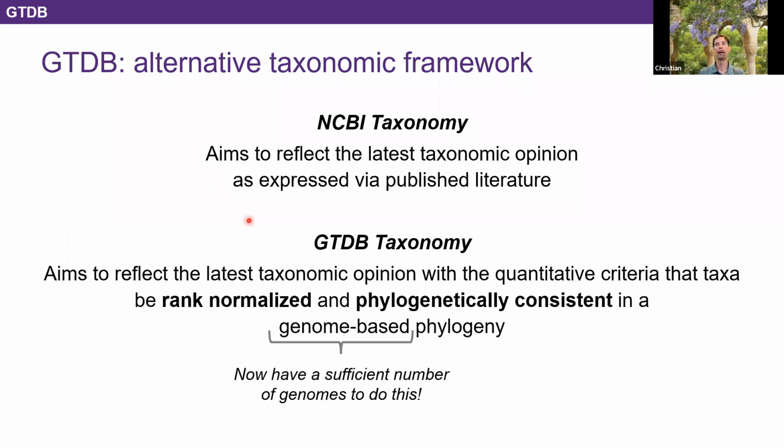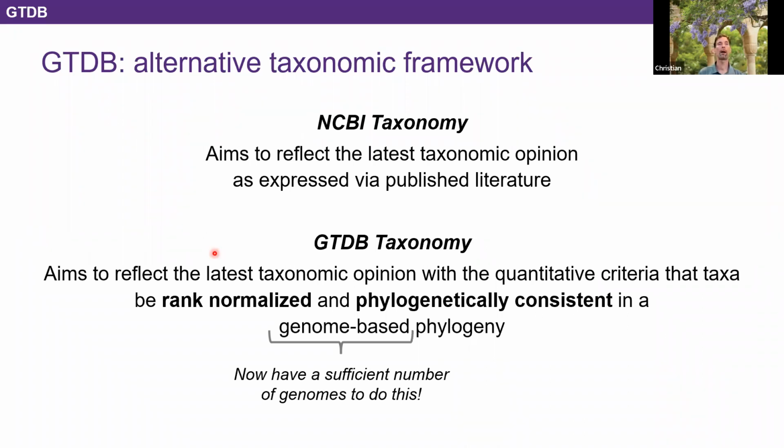GDP taxonomy is in some regards similar because it also aims to reflect the latest taxonomic opinion with quantitative criteria. In addition, taxa are rank normalized and phylogenetically consistent, meaning monophyletic groups. And that is all based on a genome-based phylogeny. And yes, we can do that now because we have a sufficient number of genomes to do this.